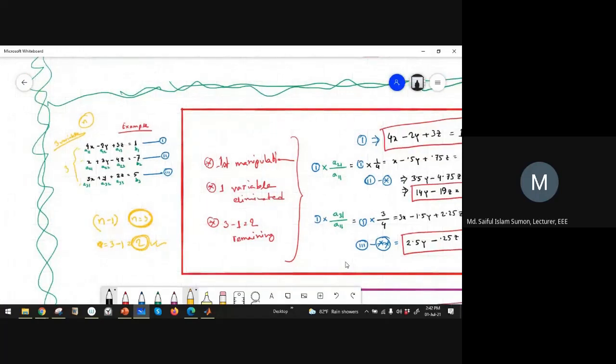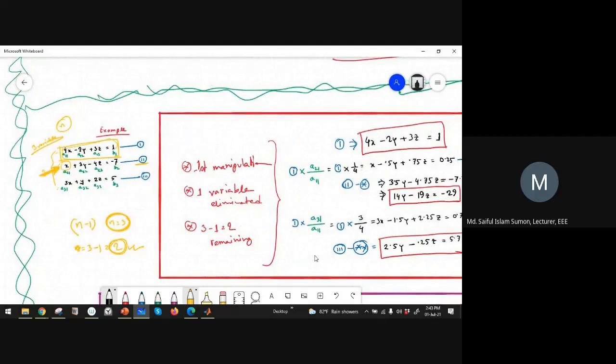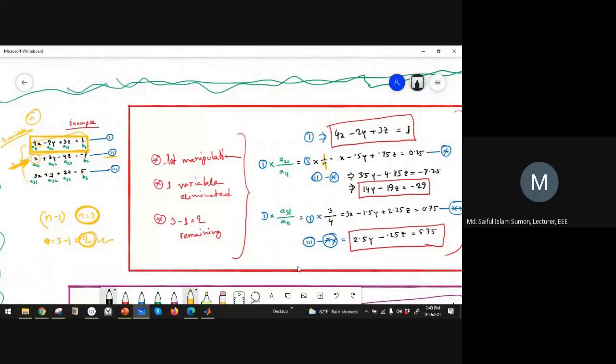Suppose here three variables are there, but from the second equation, equation number 2, if I want to remove this x, one variable, then what do I need to do? I will simply multiply this one with 1 and divide it by 4.